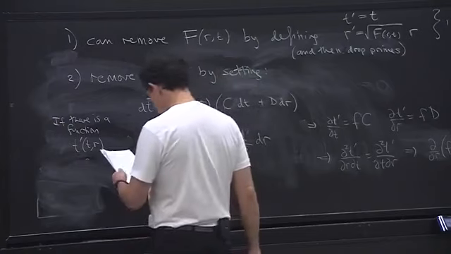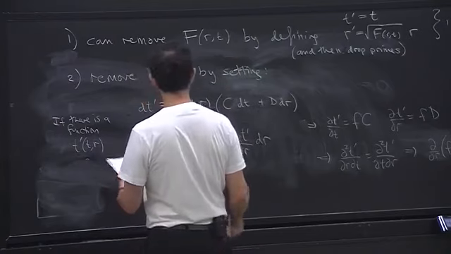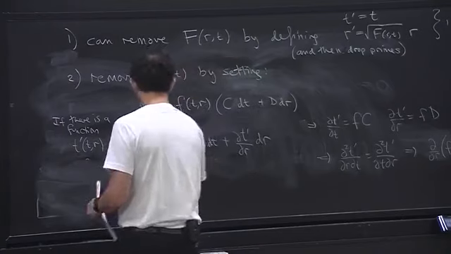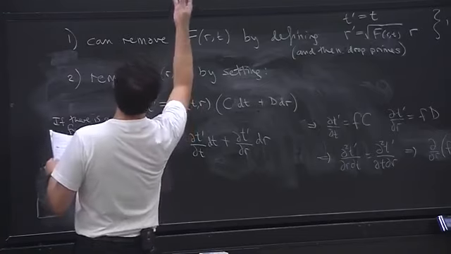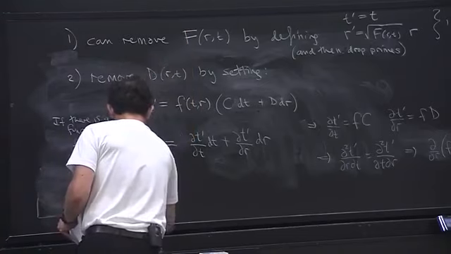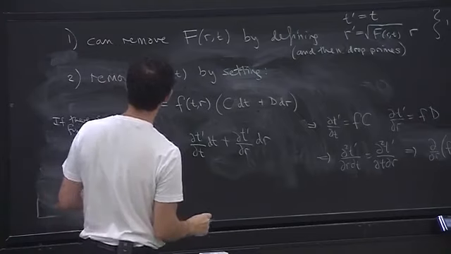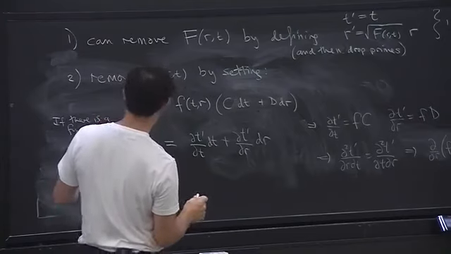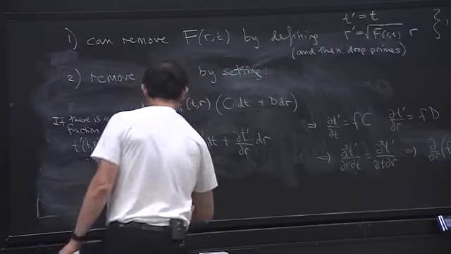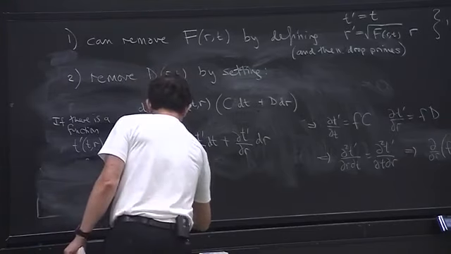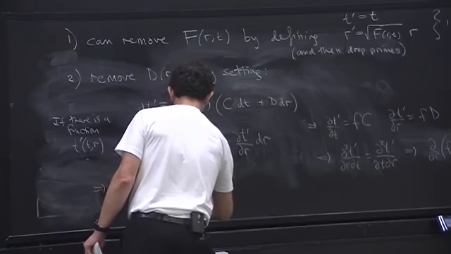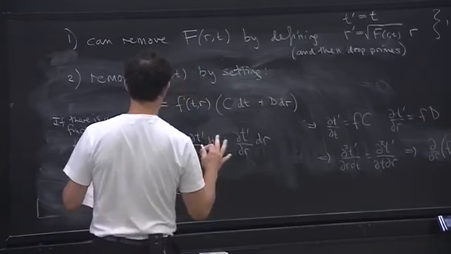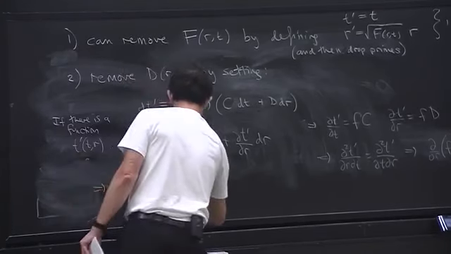And if you do that coordinate transformation, so the metric, we can just see by substituting, ds squared will be minus 1 over f squared times dt prime squared.